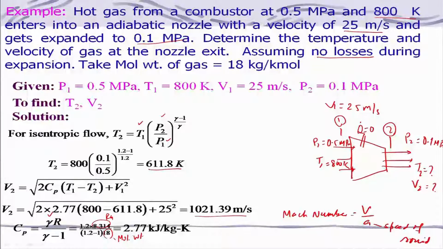If the Mach number is very low, around 0.2, then we call it an incompressible fluid. Only then can we say that the density at station 1 is equal to the density at station 2. That means when M is less than or equal to 0.2, I can say that rho 1 is equal to rho 2 because it is an incompressible fluid.